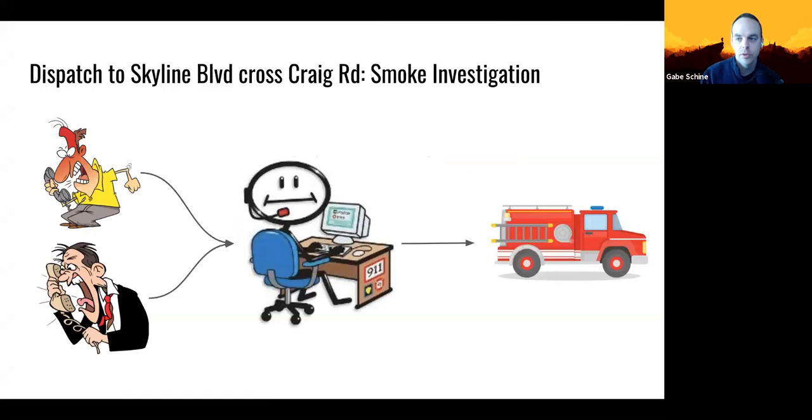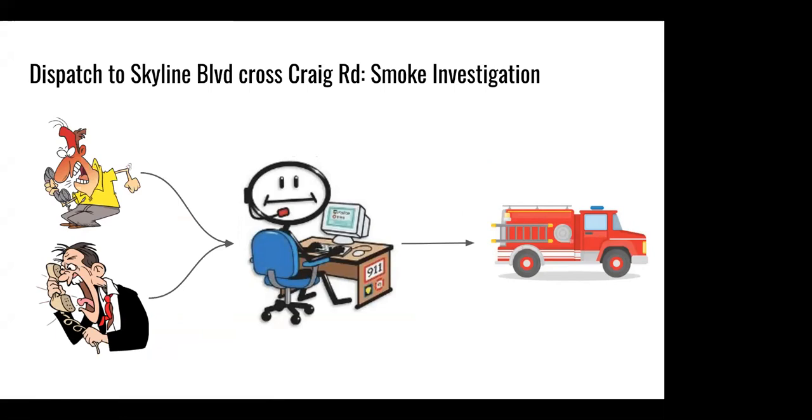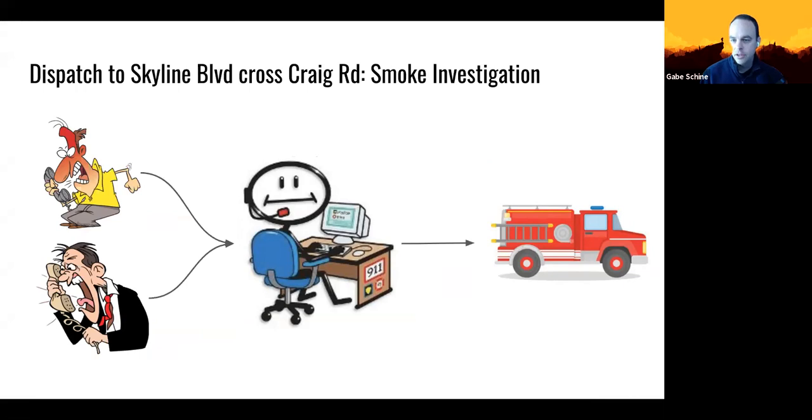So let's talk about a problem that I'm sure we're all familiar with. Someone in the public sees smoke and they call 911. And the dispatchers are trying to interpret these calls from multiple people who are giving different locations, trying to describe where the smoke is, right? And the dispatchers need to get us this information over the radio in a way that makes sense.